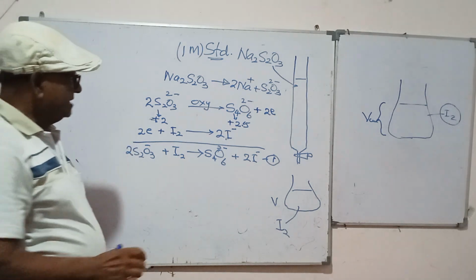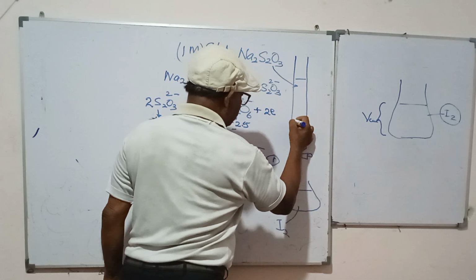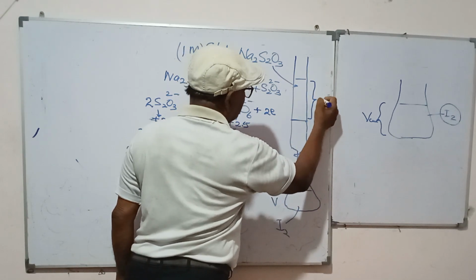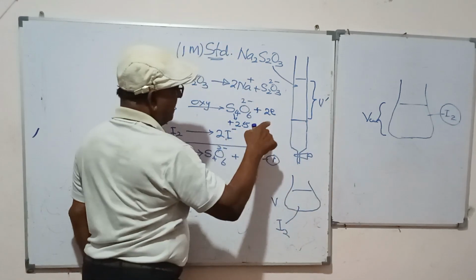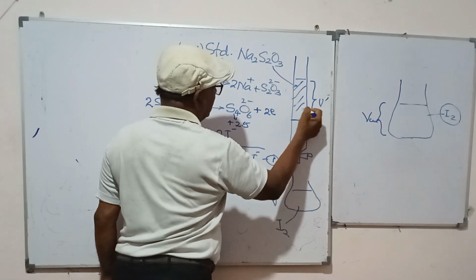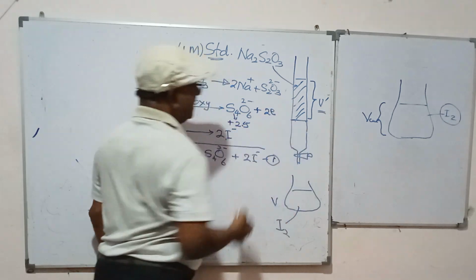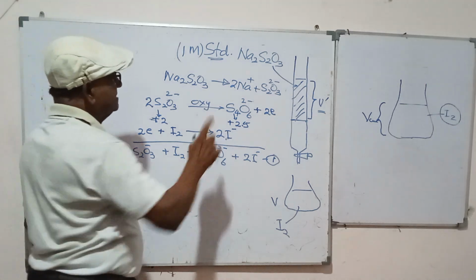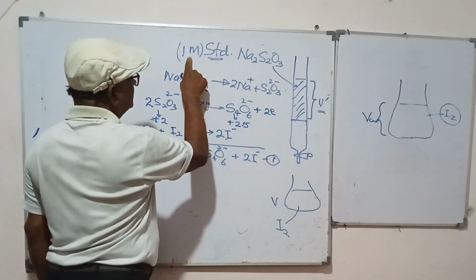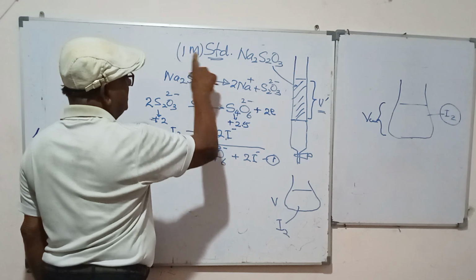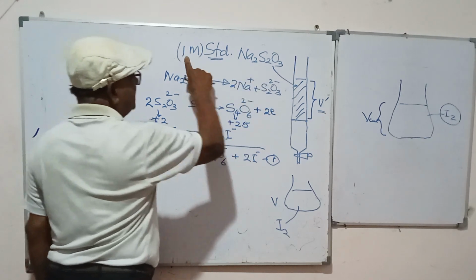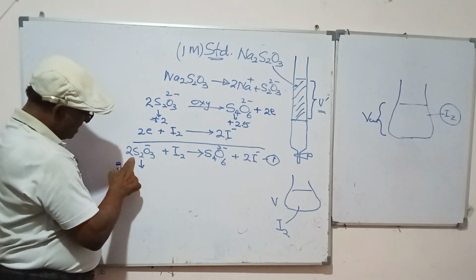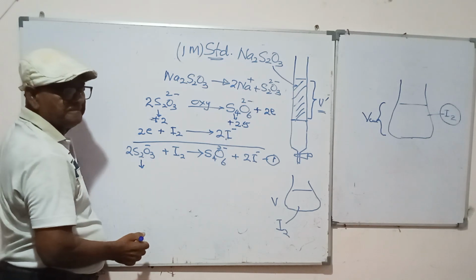Right? So it is clear that if we are able to determine the volume of thiosulfate required, V1 can be read, and the concentration is also known. If we know the thiosulfate concentration and volume, we can calculate the number of moles of thiosulfate.